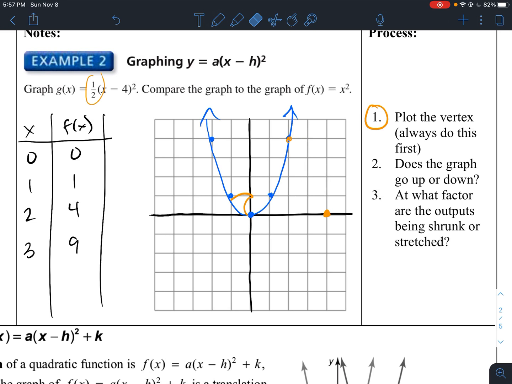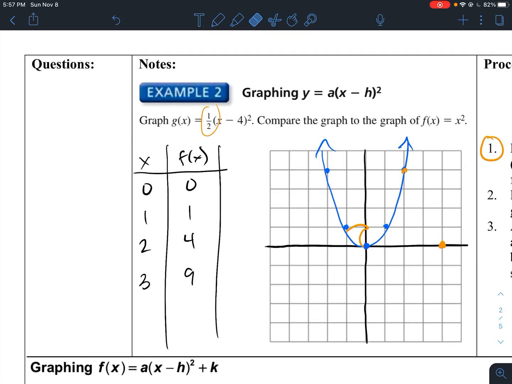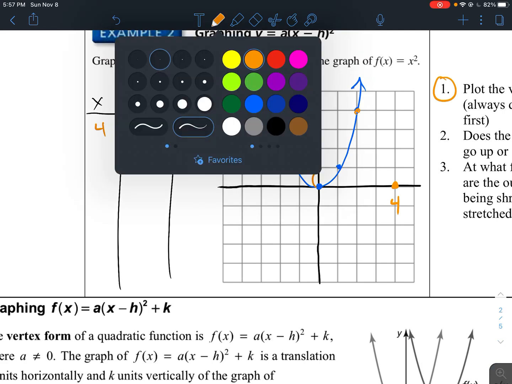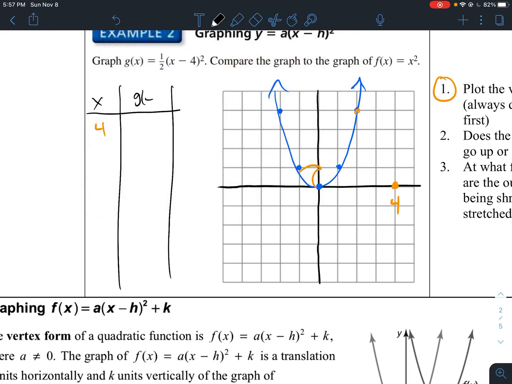Okay, so now we have to figure out what the outputs are going to be for g of x. So, since our x's are no longer in the same spot, let's go ahead and try and graph it though. So we know, first of all, that when x is 4, we're graphing g of x, y is 0. G of x is 0. Now let's try putting in the value of 3 into the function.